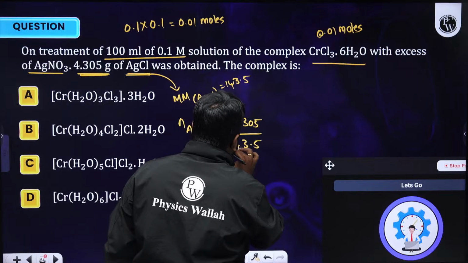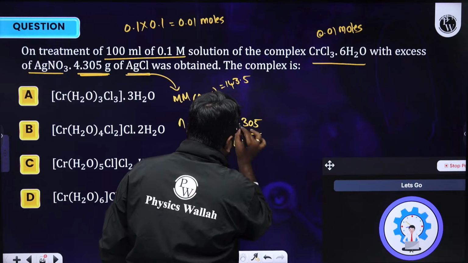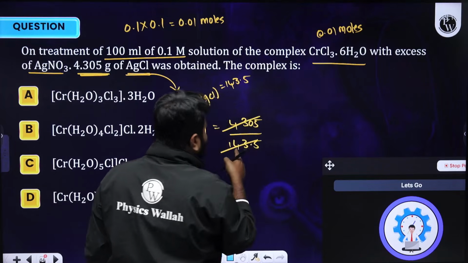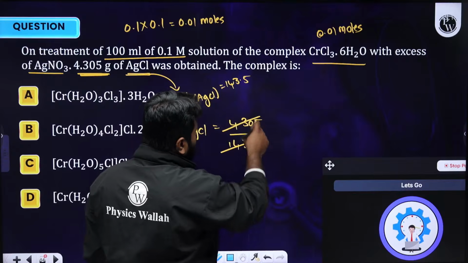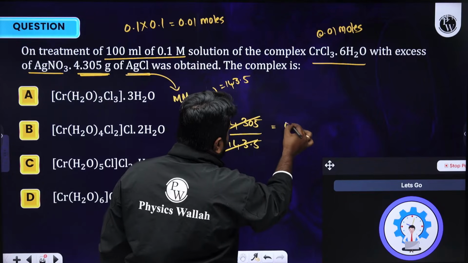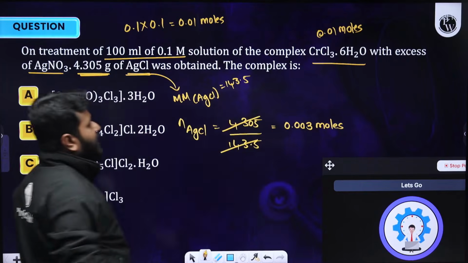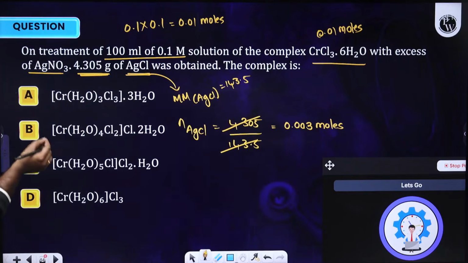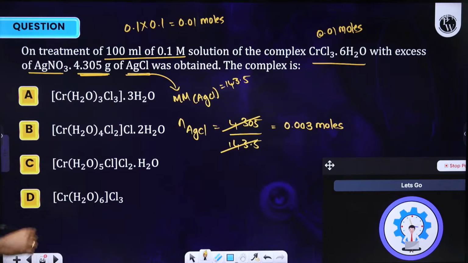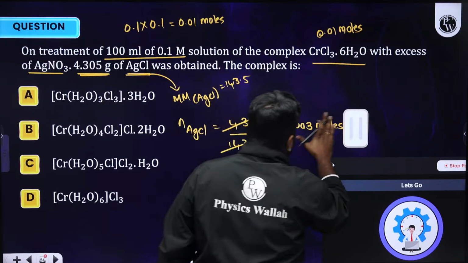So approximately 3 times 10 to the minus 2, so 0.03 moles. How many moles am I getting? 0.03 moles.